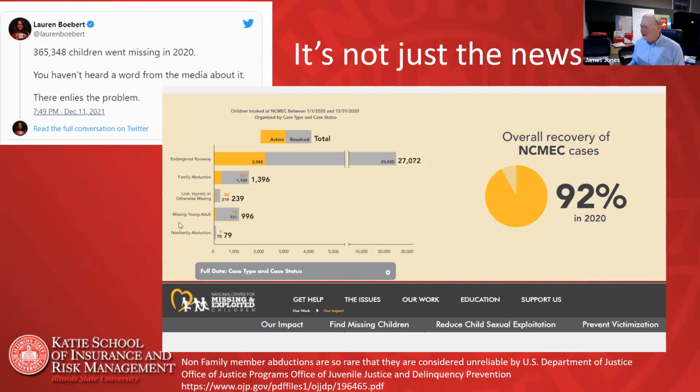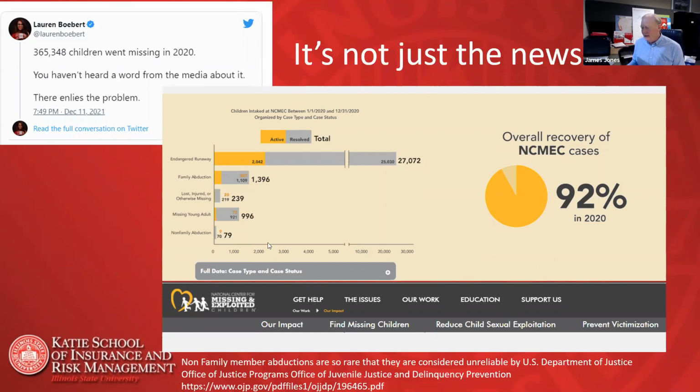But here's looking at it according to the National Center for Missing and Exploited Children, who by the way get their money from telling you about how many missing and exploited children there are. But I think their numbers are accurate, and they don't have any reason to understate their numbers.